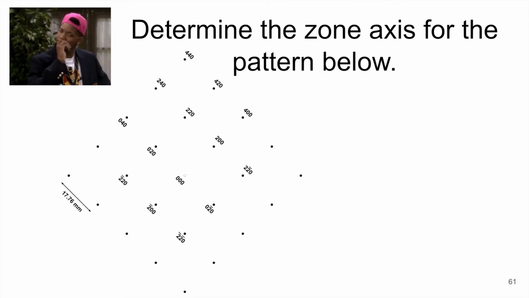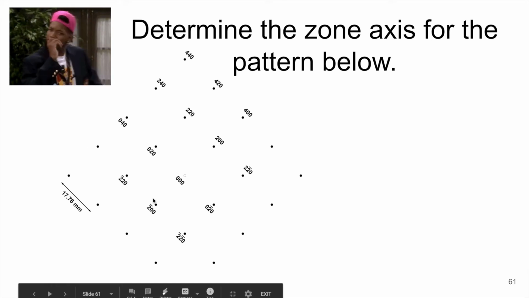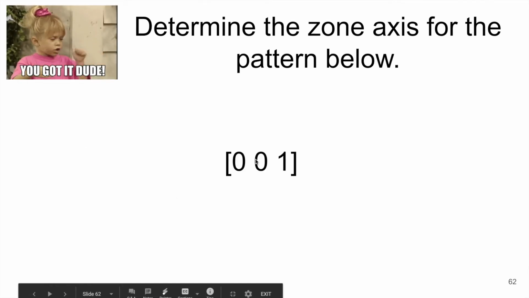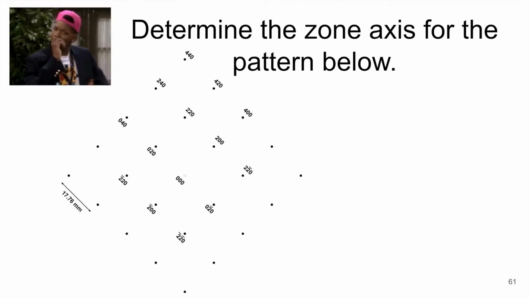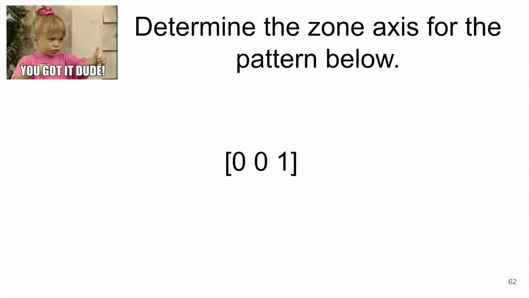So again, if you're unclear about that, go back and look at the Weiss zone law, and using these as the HKL values, you should be able to get that it's 0, 0, 1 for the UVW, or the zone axis that all of these planes are a member of. And that's important because in this crystal, what that's telling us is that the TEM beam is parallel to this 0, 0, 1 direction.